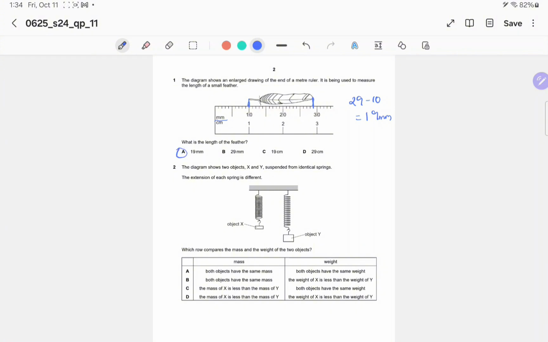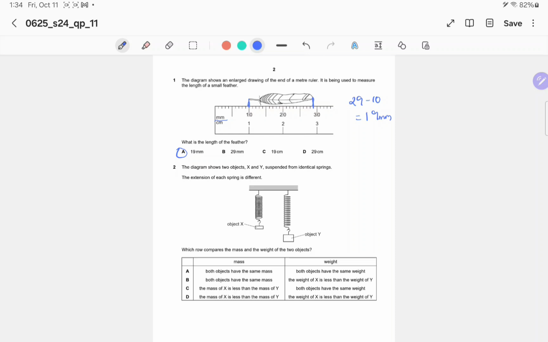Second question, the diagram shows two objects x and y suspended from identical springs. The extension of each spring is different. Which row compares the mass and weight of the two objects? On seeing the figure, it's clear that the mass of the object x, the amount of matter in the object x, is less compared to the object y.